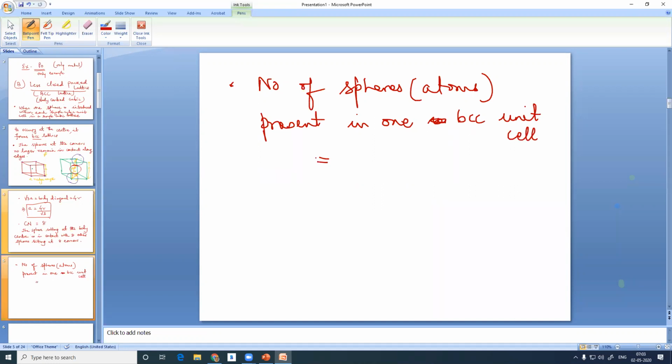Suppose you cut a slice of one BCC unit cell, bring it to your home, and then calculate the net number of spheres that the unit cell is carrying. Maybe not in a conjoint manner together, but they may be spread into different places, but altogether counted to how many spheres.